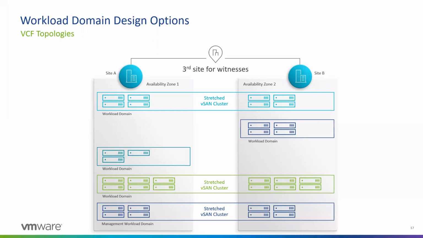Having said that, if you want to use it, you need to stretch the management workload domain first, and that's going to imply the requirement of 4 hosts rising to 8, because you need 4 per site. So as you can see here, I've got 4 in availability zone 1, 4 in another. Of course, we need to consider the witness, but that's something that we need to consider anyway. So that's another fixed design decision that will have an impact on your design.